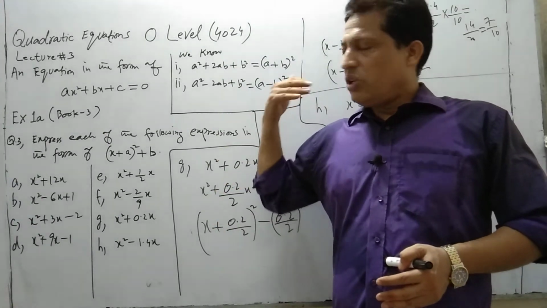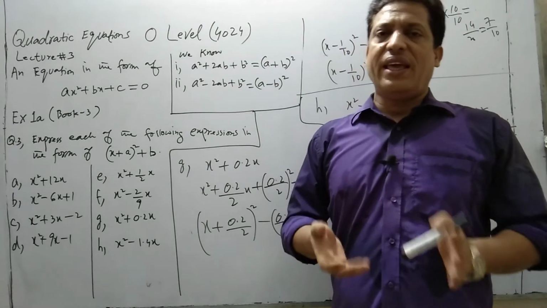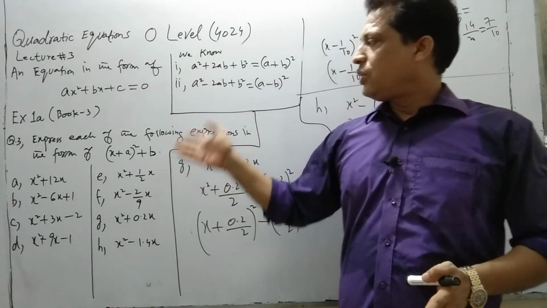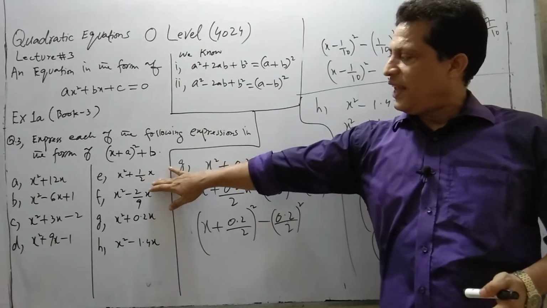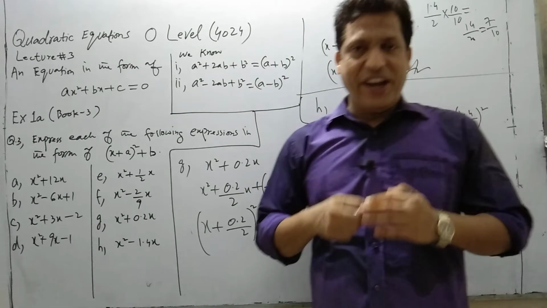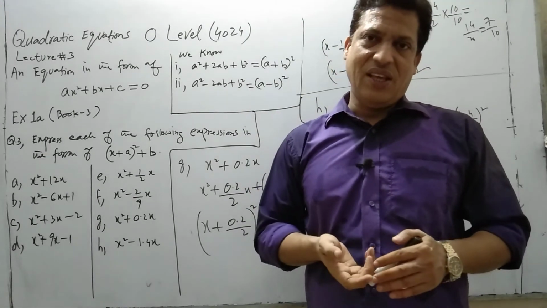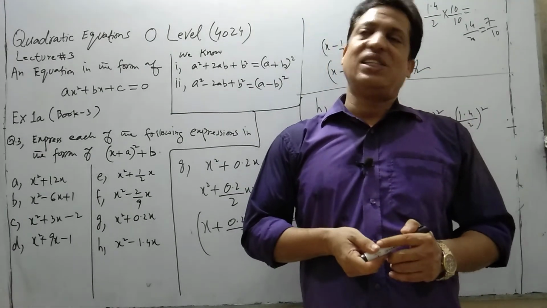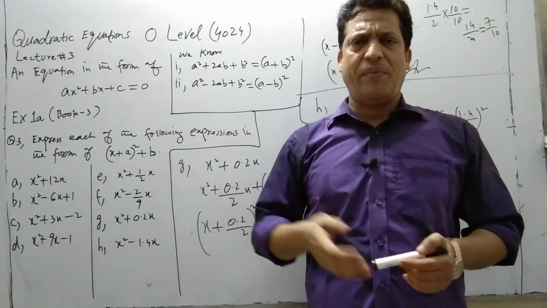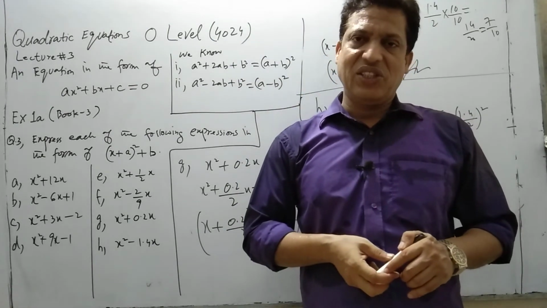So question number 4 will be very easy for you, because you have already learned the conversion of the given expression into perfect square form. But wait for next lecture. We will complete exercise 1A, last question number 4, and remaining questions in next lecture.